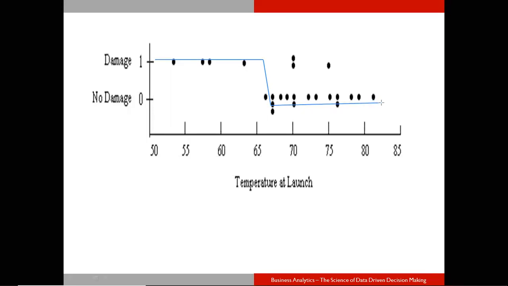The model will be somewhat like this in the shape of a z. It will look like a z. This function, which looks like a z, is called the logit function.